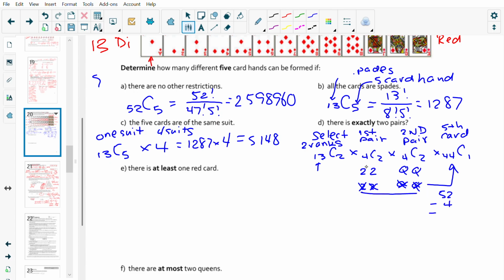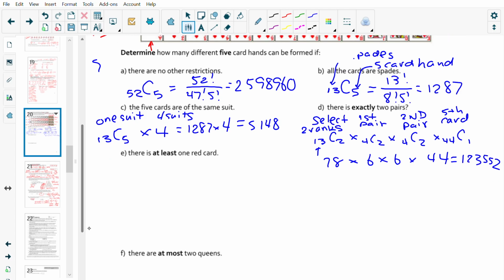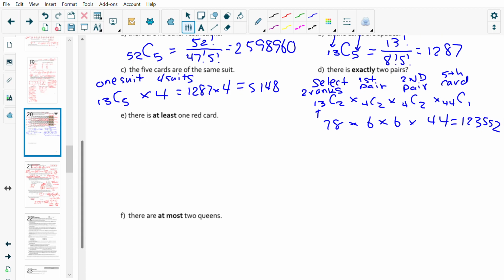So that's 52 minus these 4 minus these 4 that I've already selected, and that's 44. Okay, so that's how I get 44. All of this, that's 78 times 6 times 6 times 44. I get 123,552.